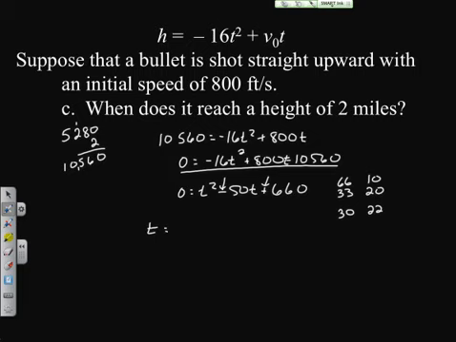So t equals negative b, that would be 50, plus or minus the square root of 50 squared is 2500 minus 4 times a times c over 2 times a.